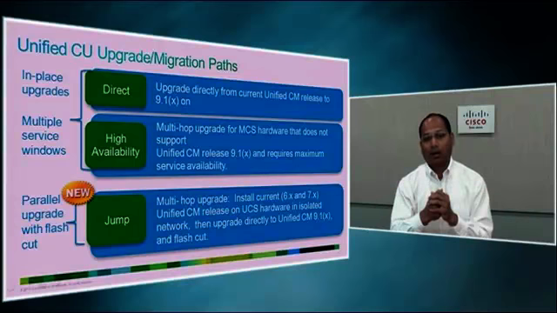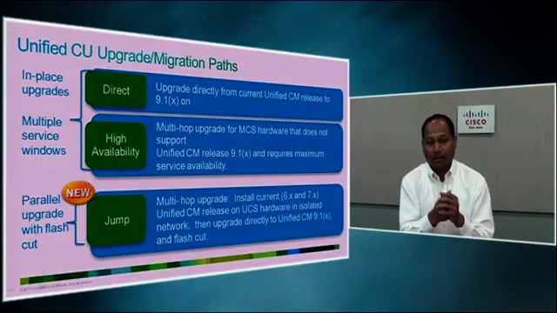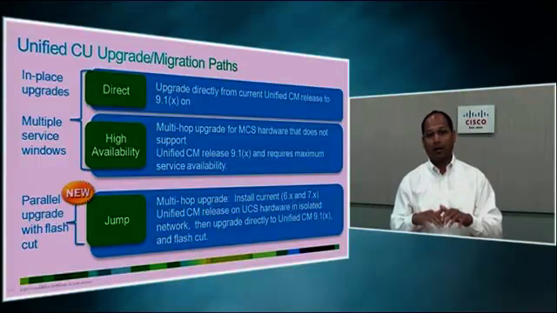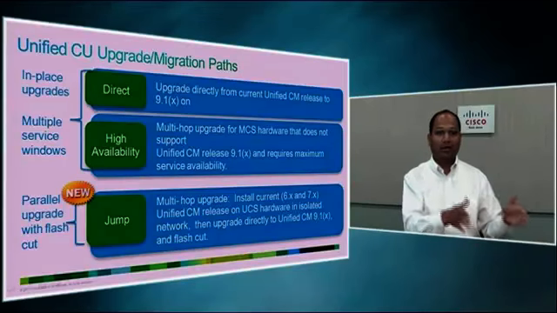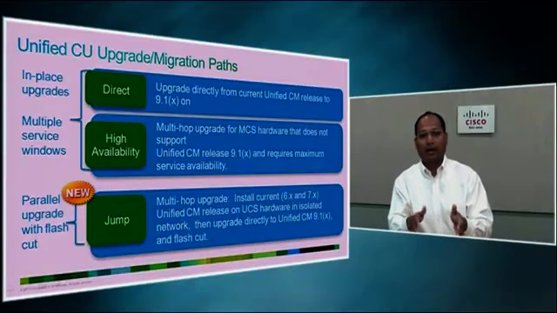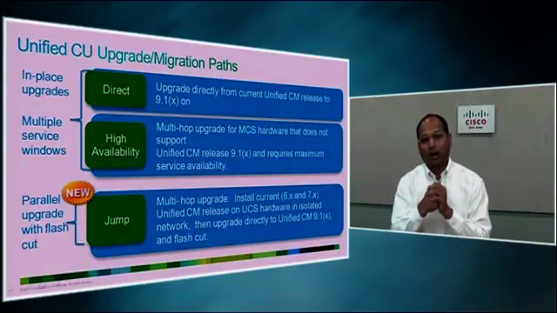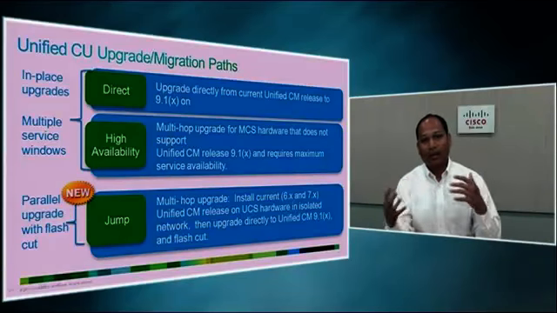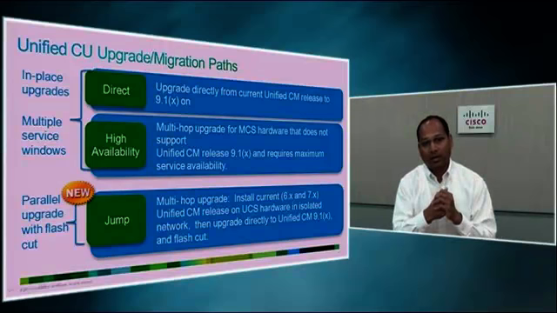Or if your hardware cannot support a direct upgrade to version 9, then we recommend an interim release. So that way your hardware can still be used to upgrade to that interim release, and then you could upgrade to 9 by virtualizing before you upgrade to 9. So we have various options in that space.